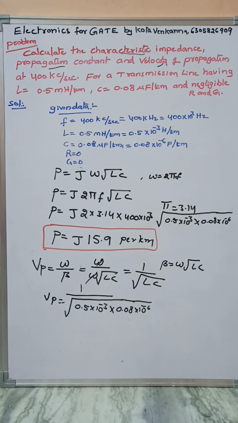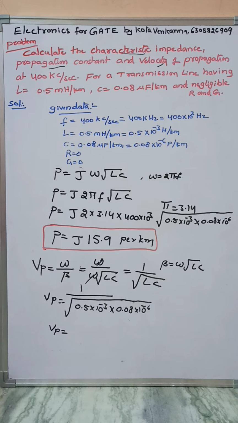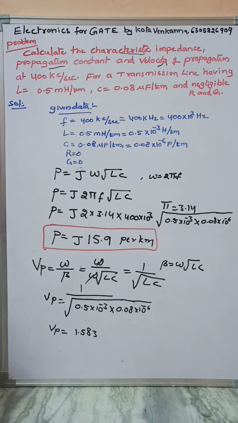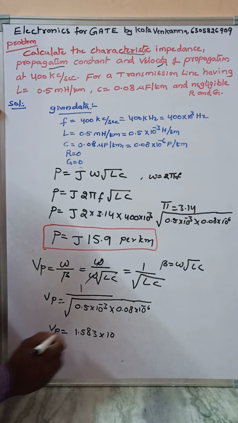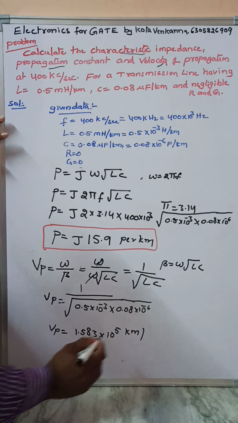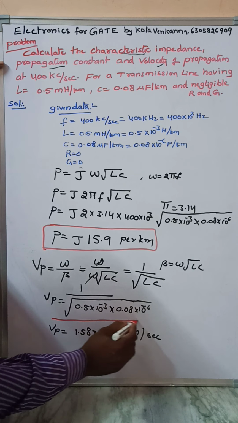After calculating using the calculator, Vp is equal to 1.583 into 10 power 5 kilometer per second. So this is the value of the velocity of propagation.